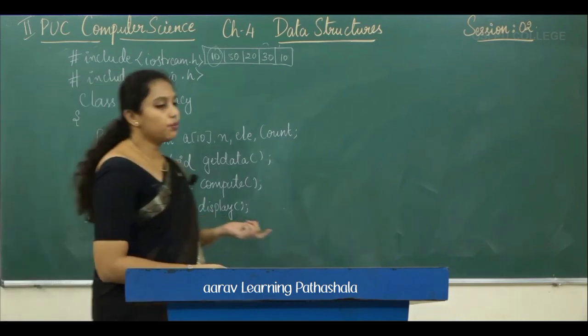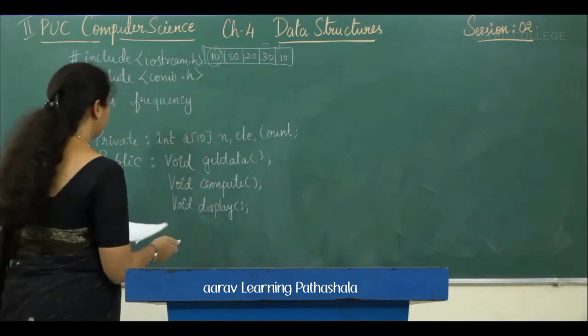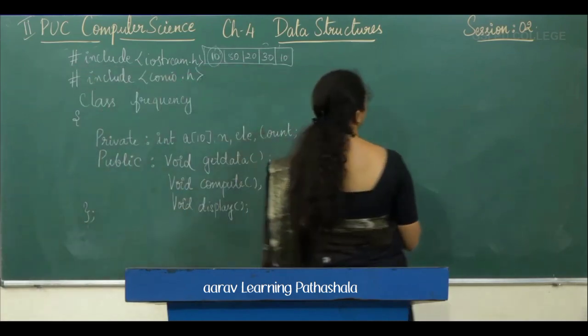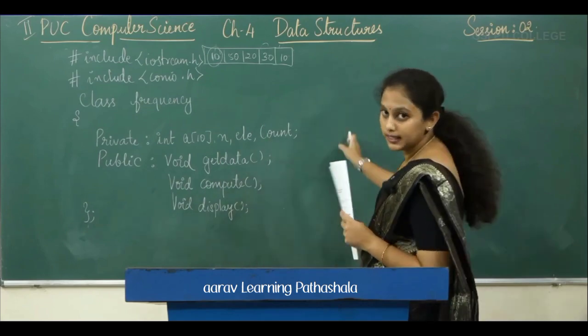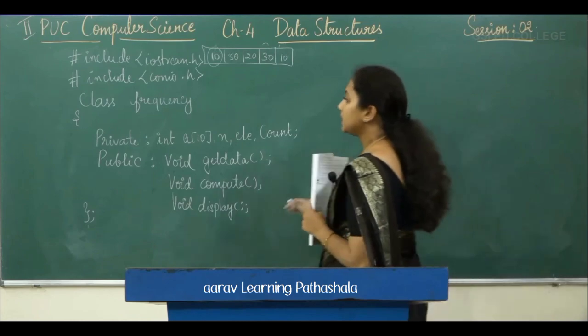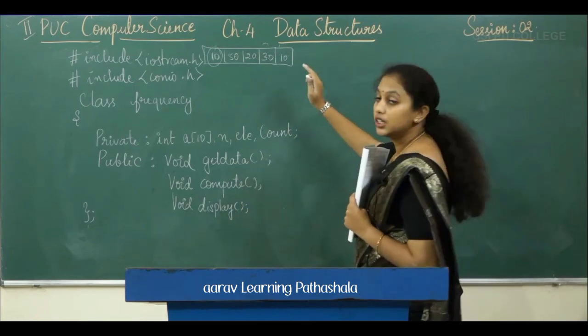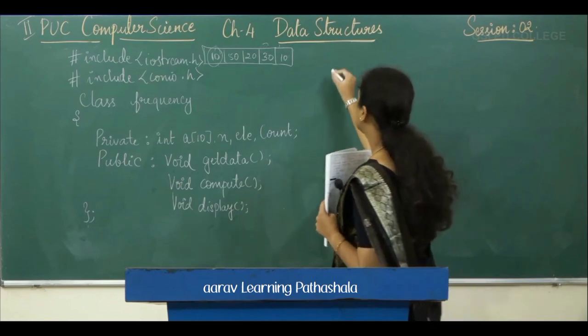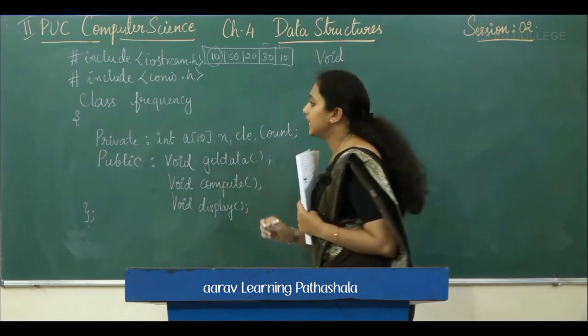Now, next what am I going to do? I am going to define the member function outside the class. So how to define the member function outside the class? Using the scope resolution operator. First I have to write the return type specifier, which would be void. What is the name of the class?